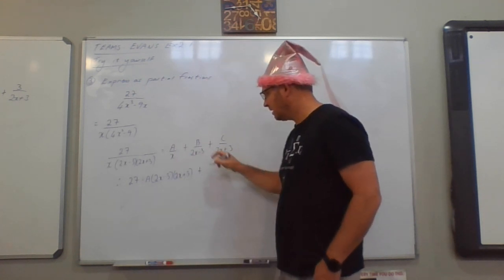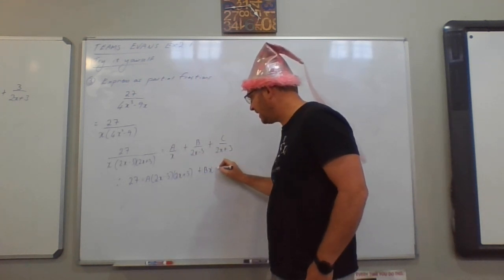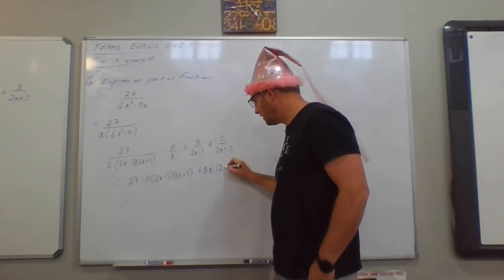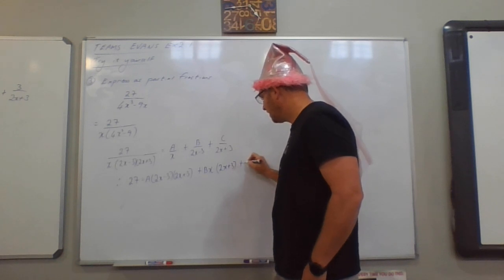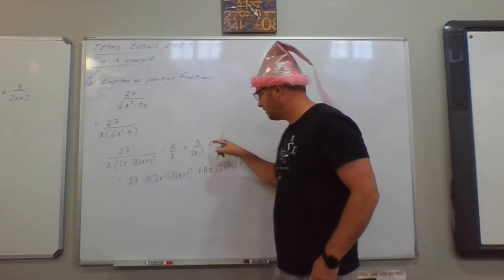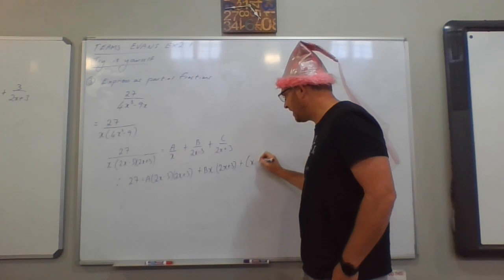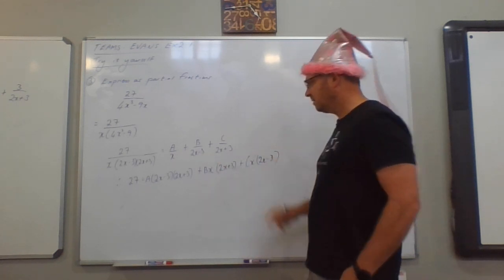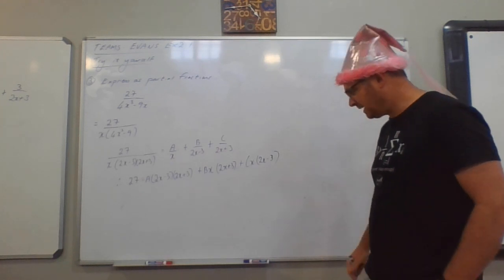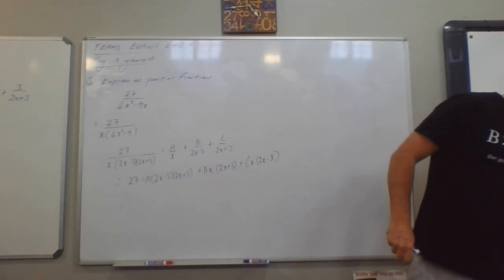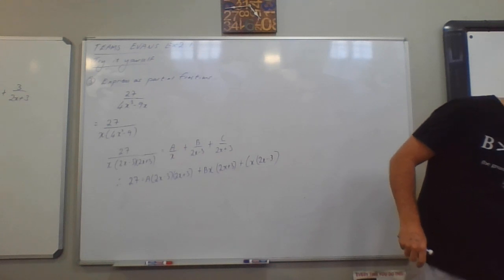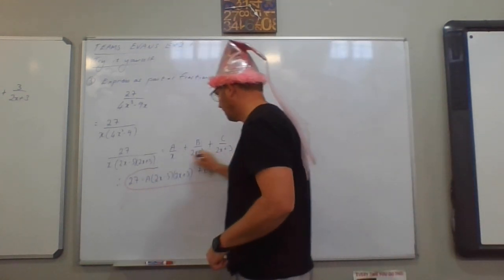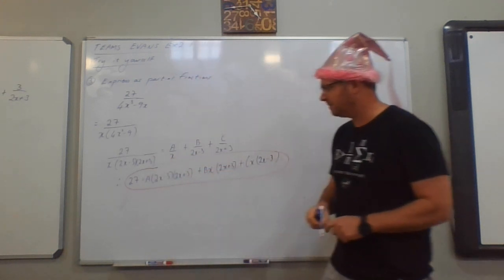With b, I'm going to have bx times 2x plus 3, plus c, well, I've still got that x, it's going to be cx times 2x minus 3. We're going to be coming back to this bit over here quite a bit. Forget about the rest and we just start working with this.